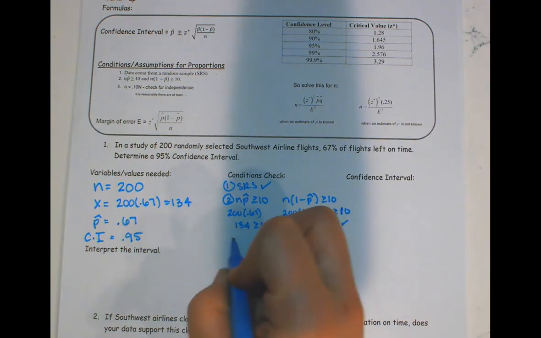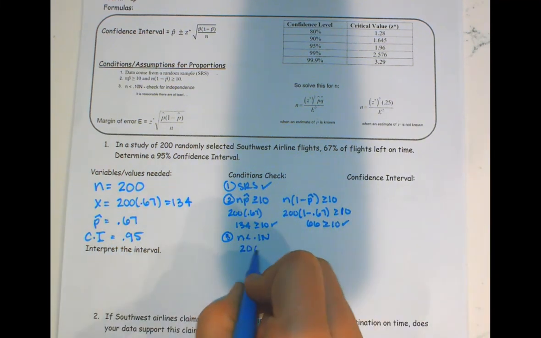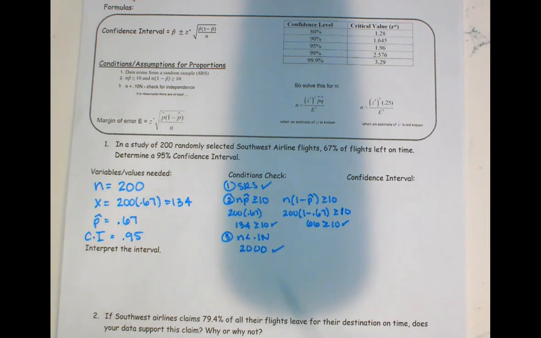And then our last one is, if I take my N value, I want to make sure that it's a good size. If I look at 200 and I add a 0 to it, is it reasonable to assume that there have been more than 2,000 Southwest airline flights that we could have used for this study? Our answer would be yes. So our conditions are checked. We can go ahead and move forward with our confidence interval.